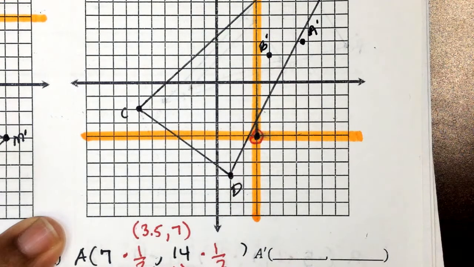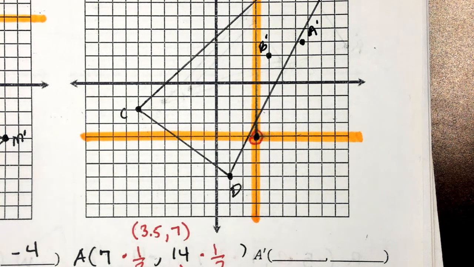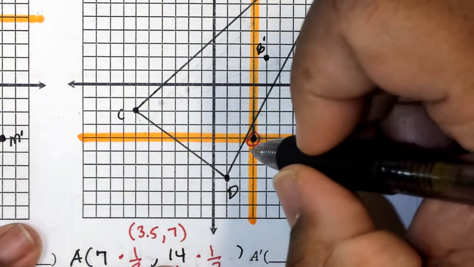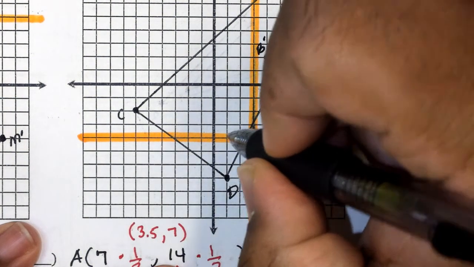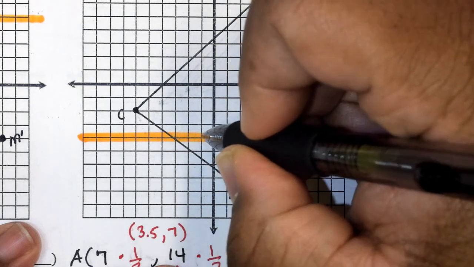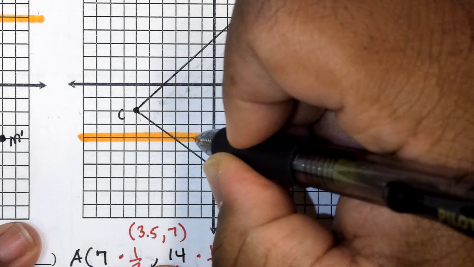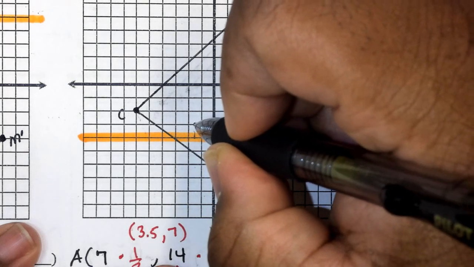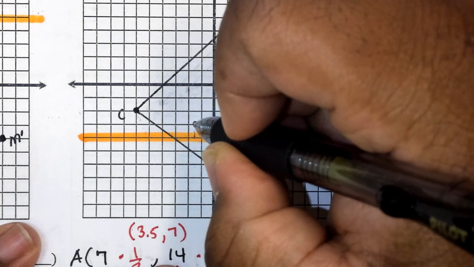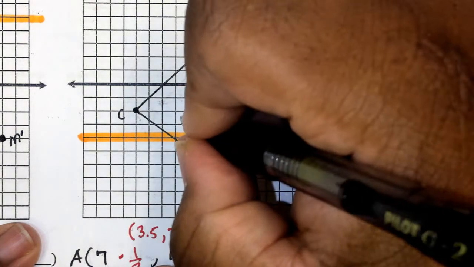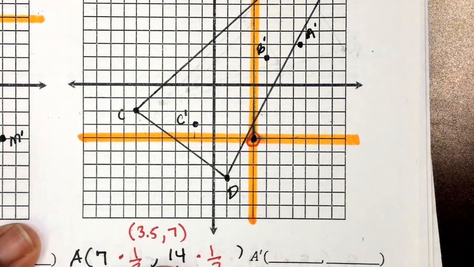We're going to have a label. Next one, go negative 4.5 to the left, then up 1. Negative 1, 2, 3, 4.5, up 1. C prime.